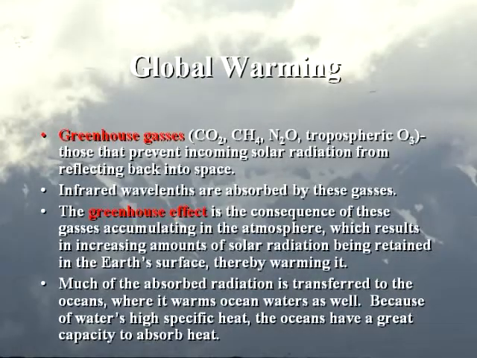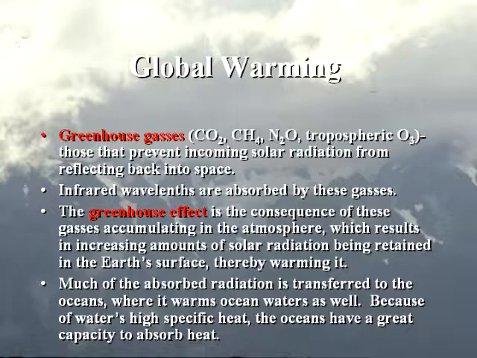Global warming is the consequence of the buildup of greenhouse gases in the atmosphere. And these are all gases that we've talked about before. Things like especially carbon dioxide, but also methane and nitrogen oxides, as well as tropospheric ozone. These are the ones that are best at reflecting infrared light coming from the sun back towards the Earth's surface.